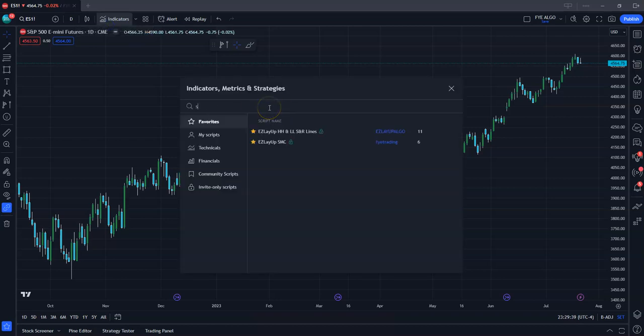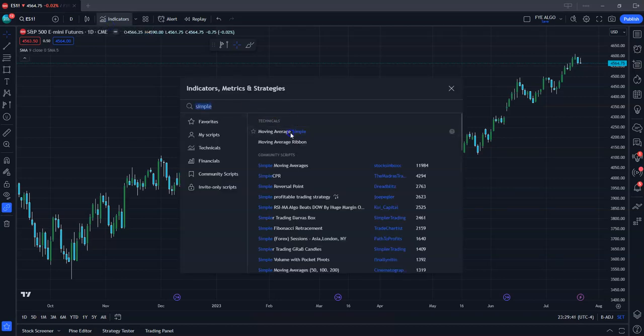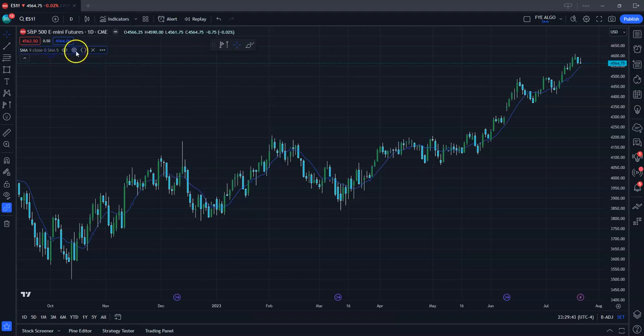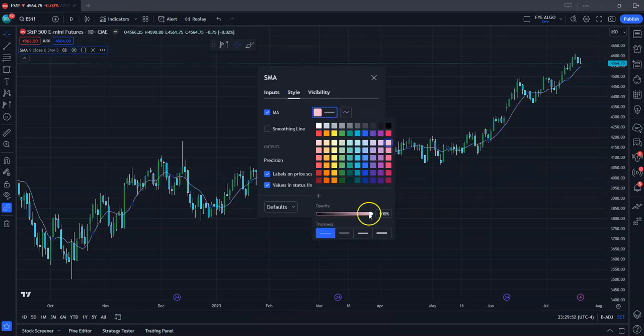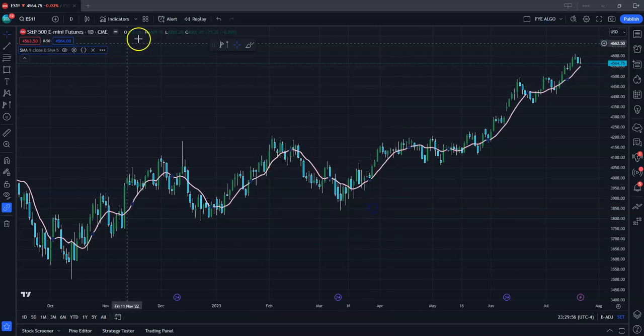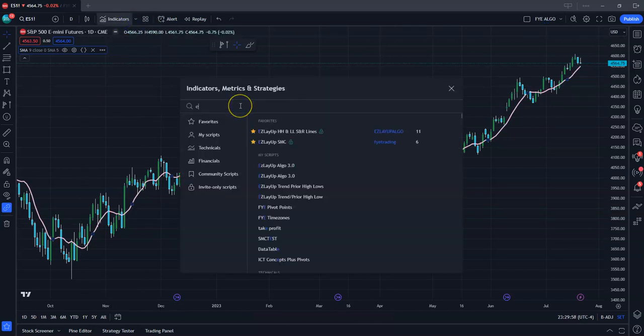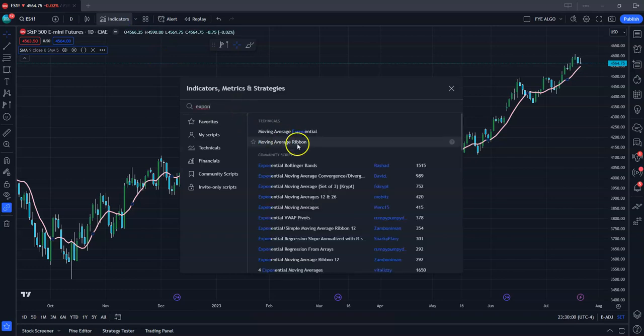First, we're going to put on a simple moving average. We'll just stick with the 9 simple moving average here, and we'll change the color to pink, and we'll make it kind of thick here, and we'll hit OK, and then we'll type in exponential, and that's my exponential moving average.